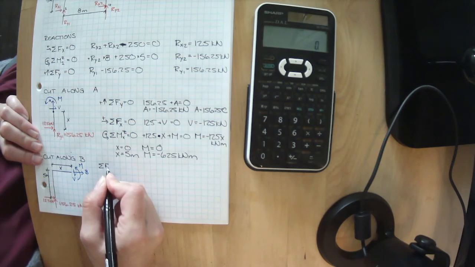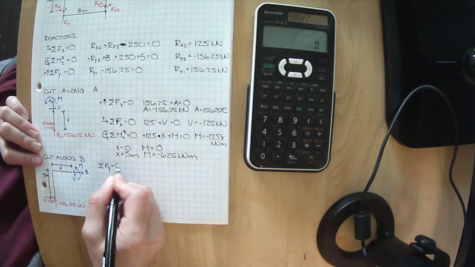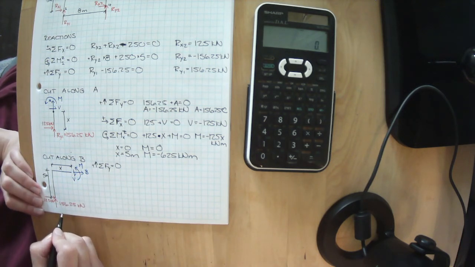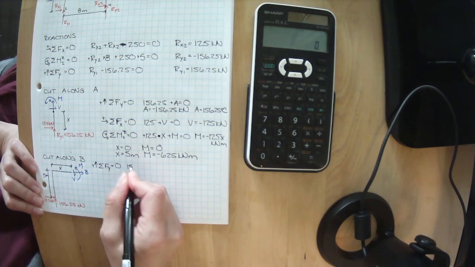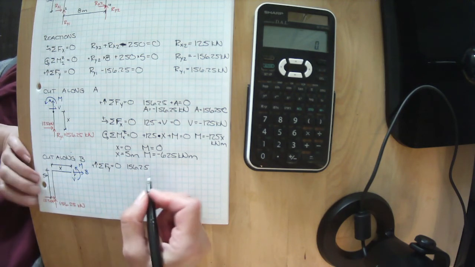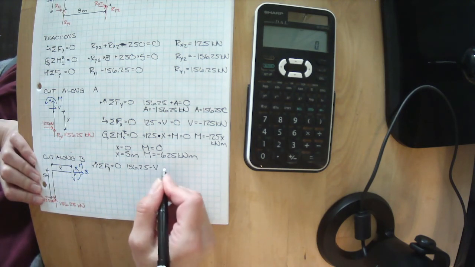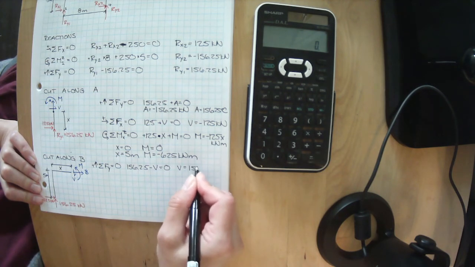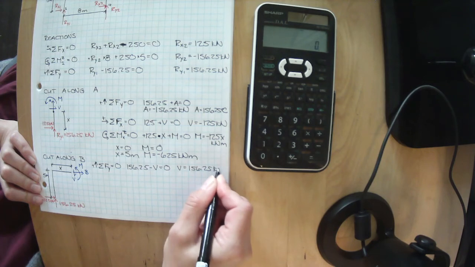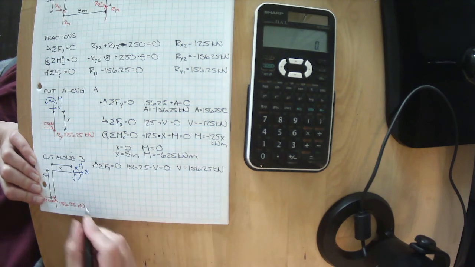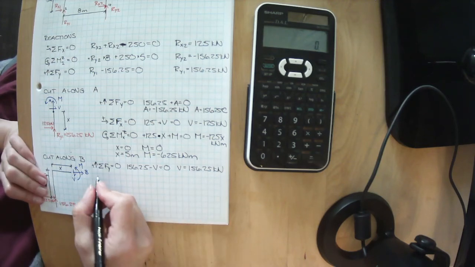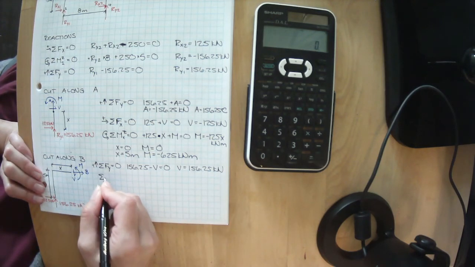So sum of the forces in the y direction equals 0, where everything upwards is positive. Okay, we have 156.25 upwards minus V because it's downwards. Oh, V equals 156.25 kilonewtons. Okay, anywhere along its length, the shear is 156.25 kilonewtons.